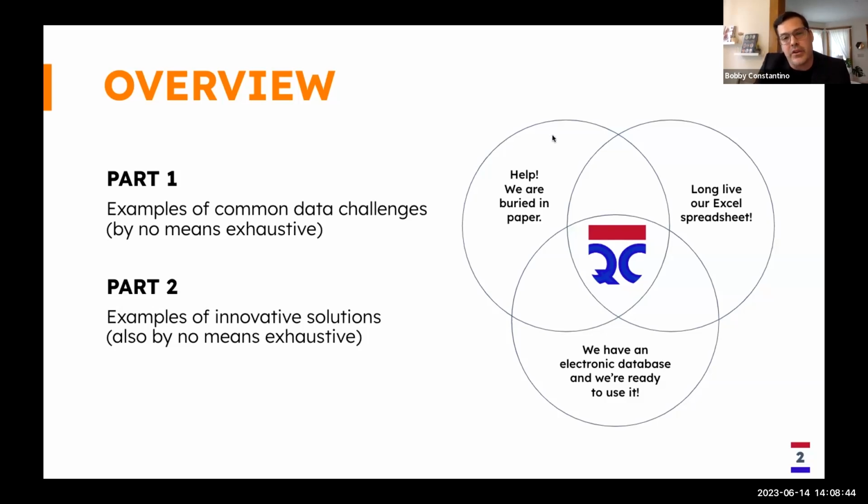And then as we jump through these slides, just please keep in mind these three basic categories. Marissa mentioned that we are using a crawl, walk, run continuum. I would say that crawling is like, help. We're buried in paper documents and we have files out the door and we need to figure out how to use them effectively and put them into electronic data.